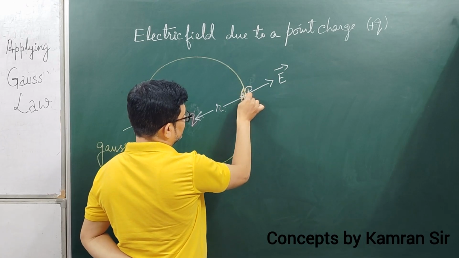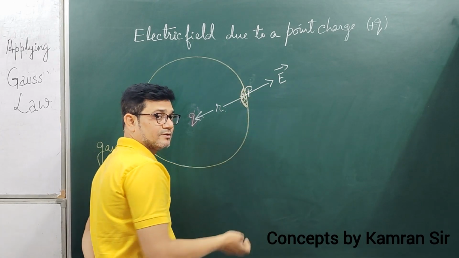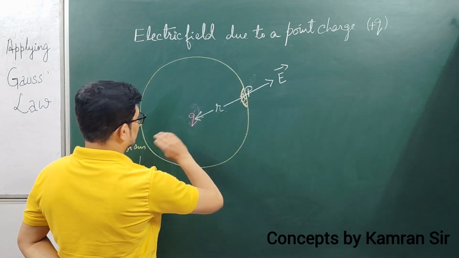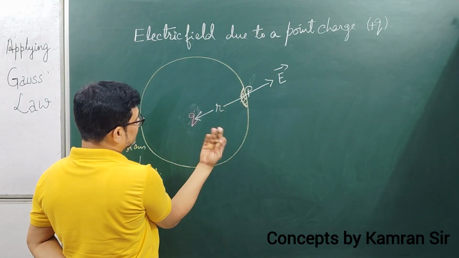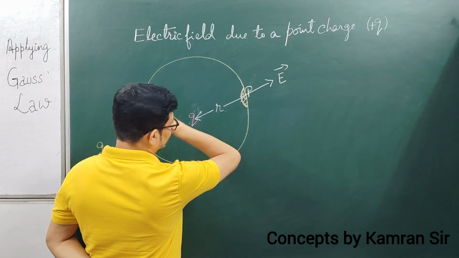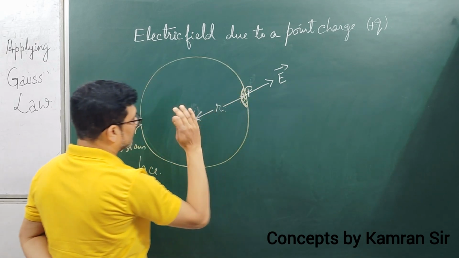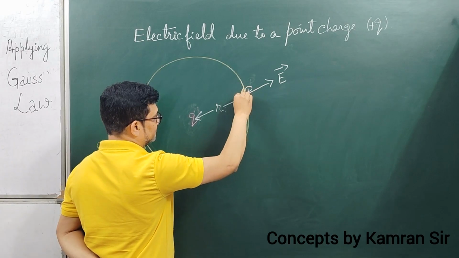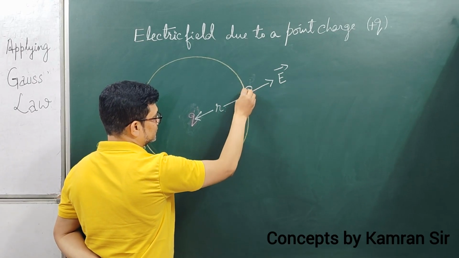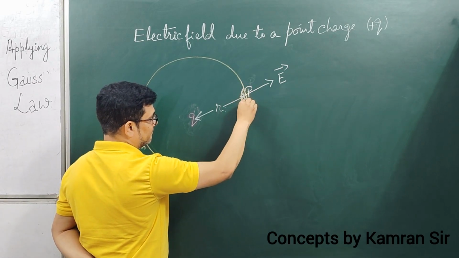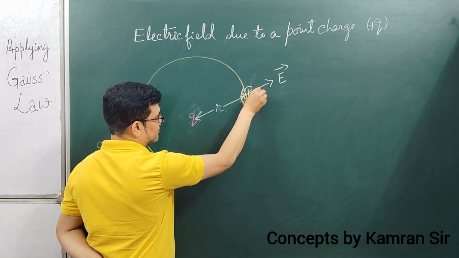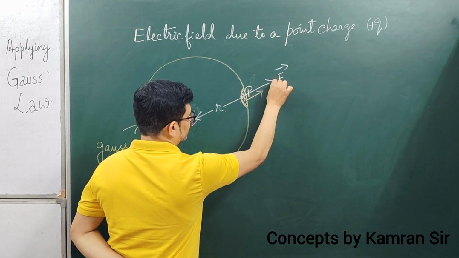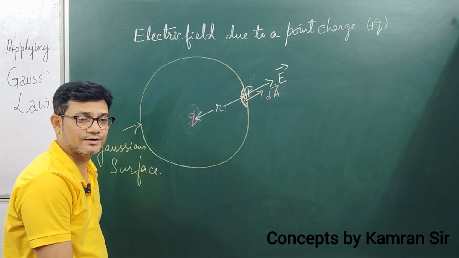Remember this surface is three-dimensional, it's spherical, but if we take the surface of it, covering it all around, and imagine an infinitesimally small area, it has an area vector in the direction of the electric field.